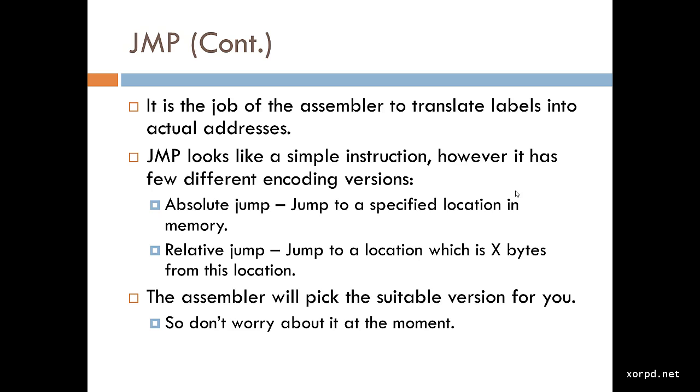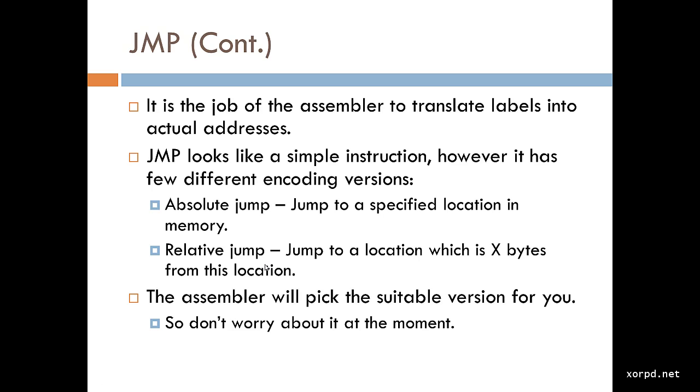The other kind of jump is called relative jump. This one jumps to a location which is, for example, X bytes from this location. So the first jump is absolute because it just jumps to a specific location, an absolute location. And relative jump is going to jump to different places according to the current location.